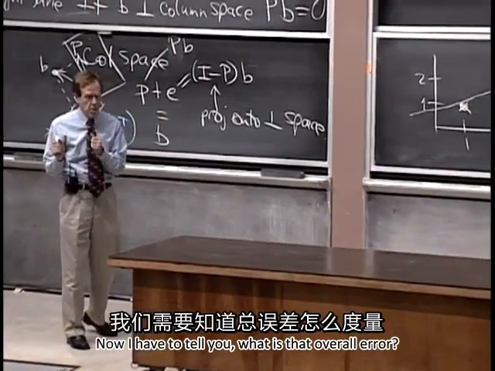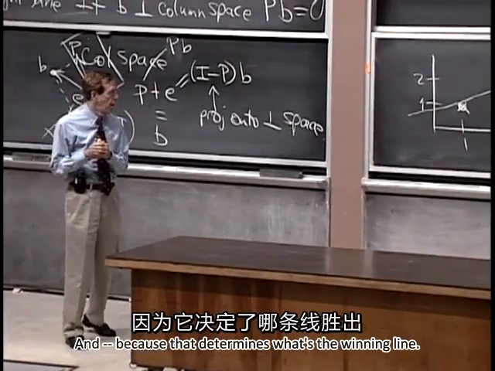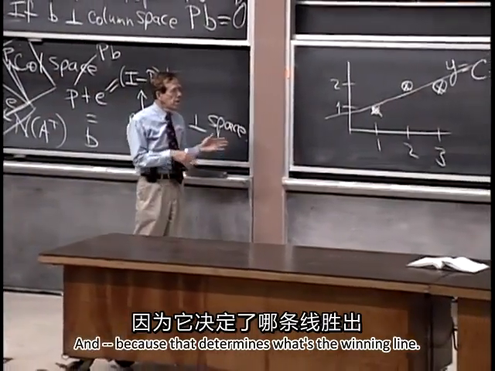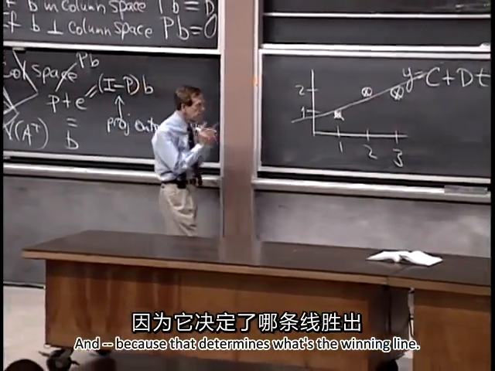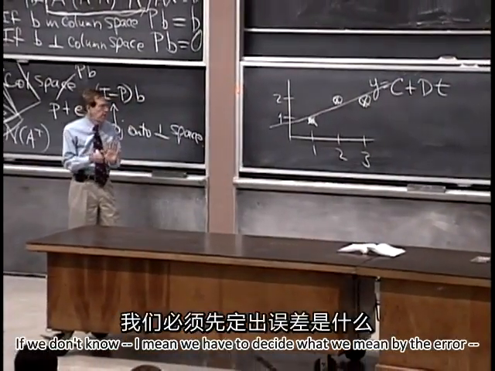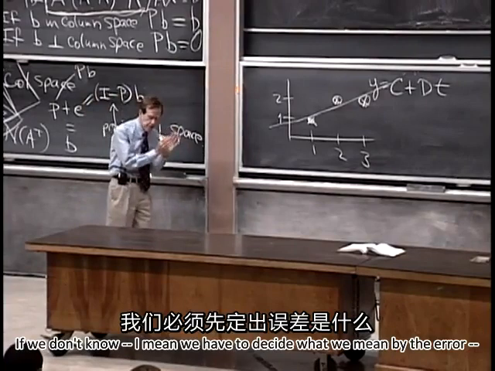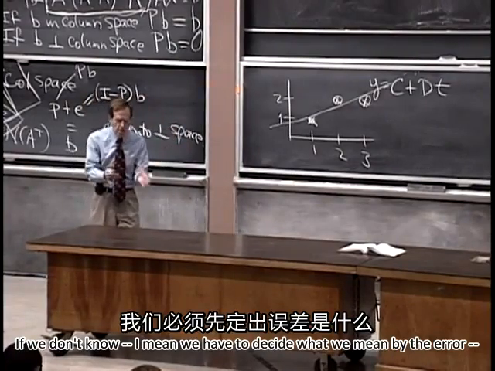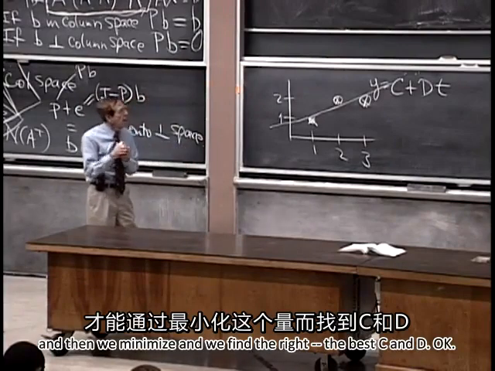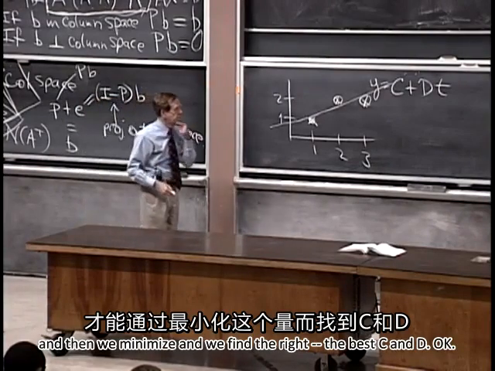Now I have to tell you, what is that overall error? Because that determines what's the winning line. We have to decide what we mean by the error. And then we minimize, and we find the best C and D.